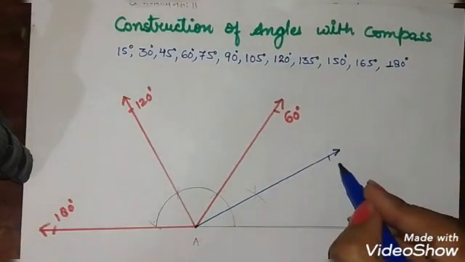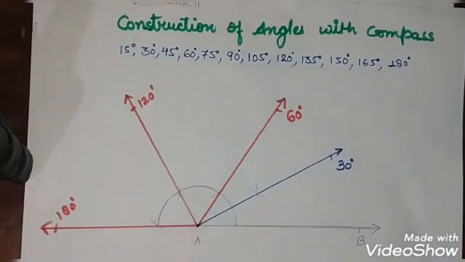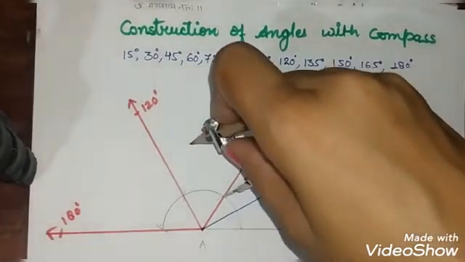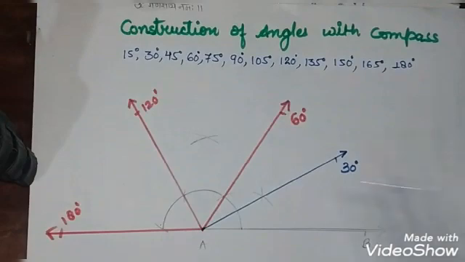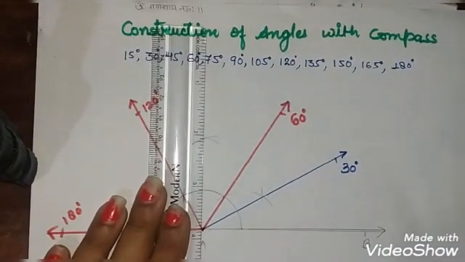This is angle 30 degree. Now again divide this angle and join this point of intersection and a point A.